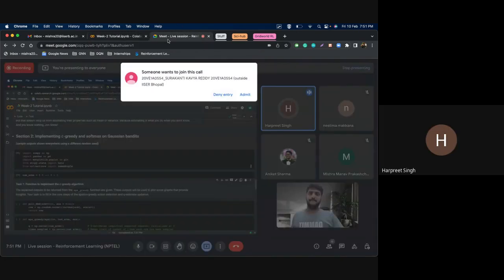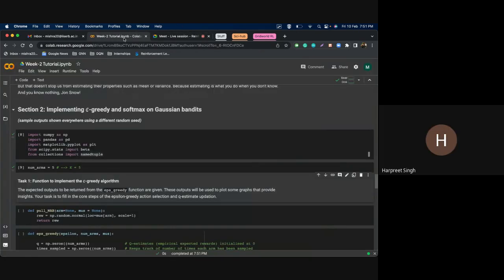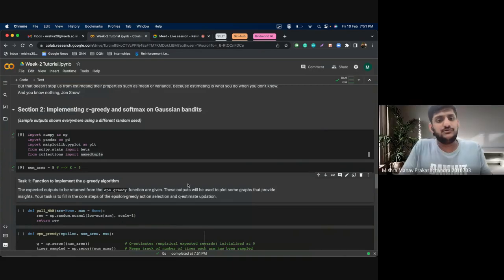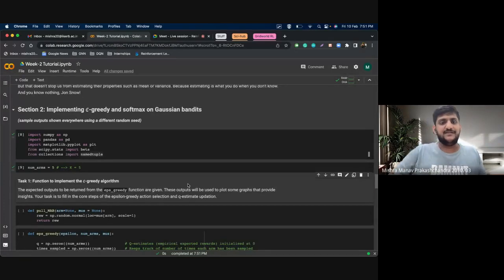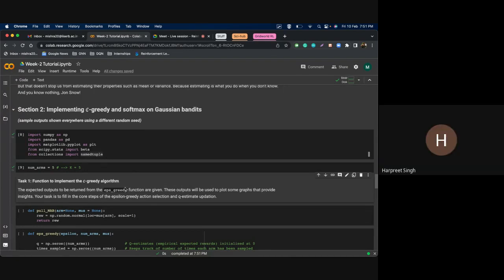Sir, for all these algorithms, is it expected that all the arms have the same distribution, or can they have different distributions? They can have different distributions. There's no specific requirement. For this exercise, we are assuming it's a Gaussian arm, but this need not be true.